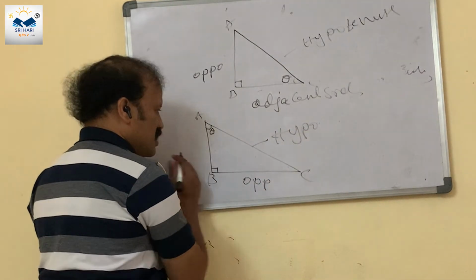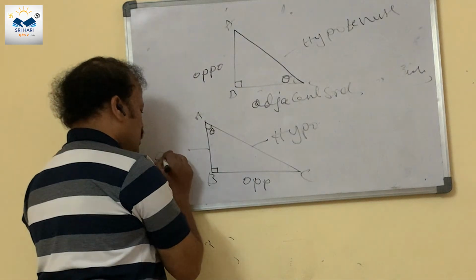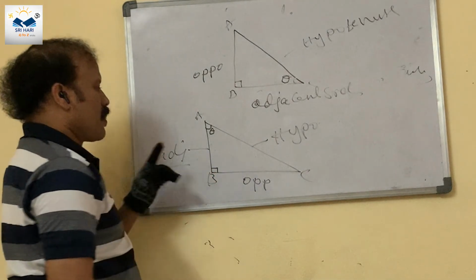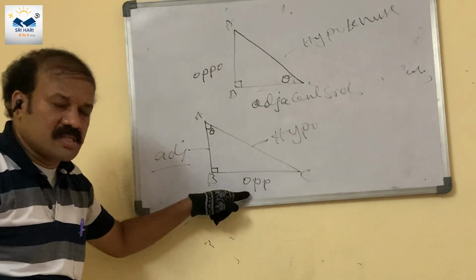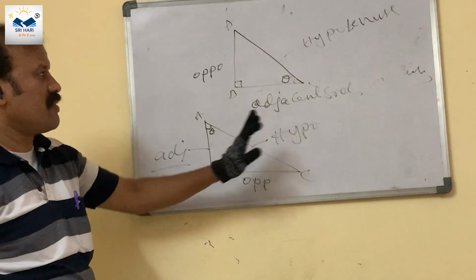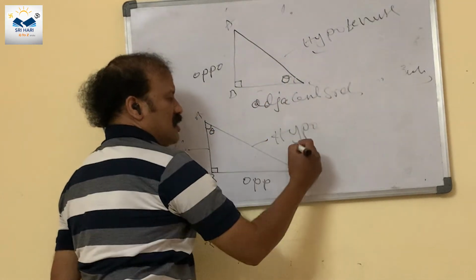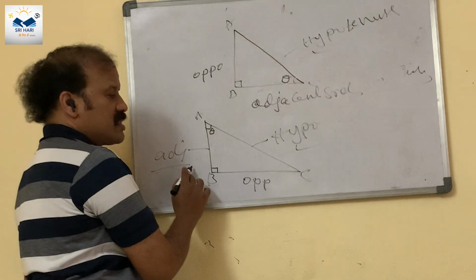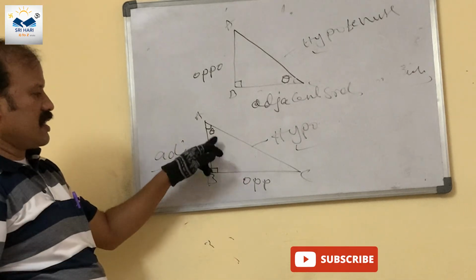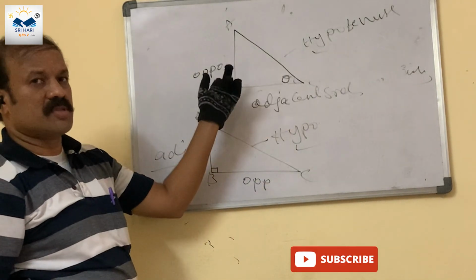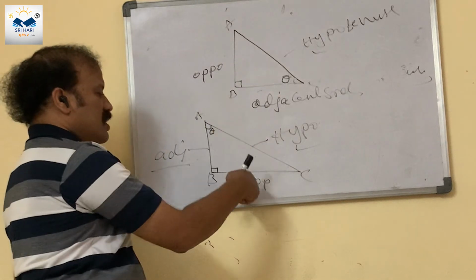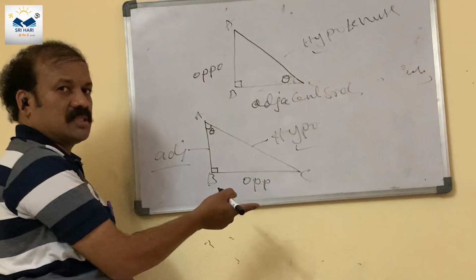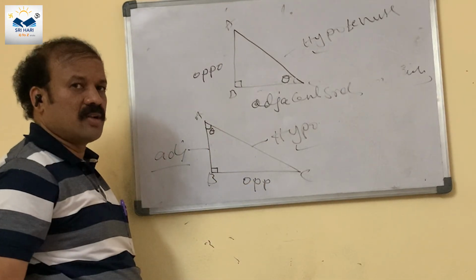This is the hypotenuse. This is the adjacent side. The hypotenuse always remains the same, it will not change. The adjacent side will change. Theta here, opposite side. Okay, the opposite side is different. It will change, but the hypotenuse will not change.